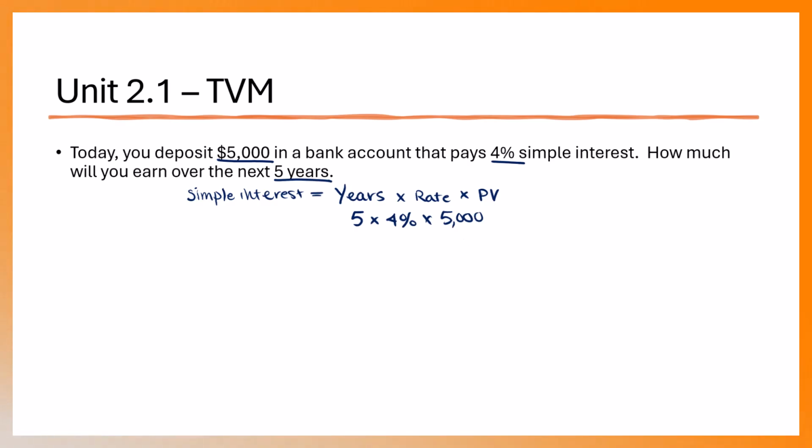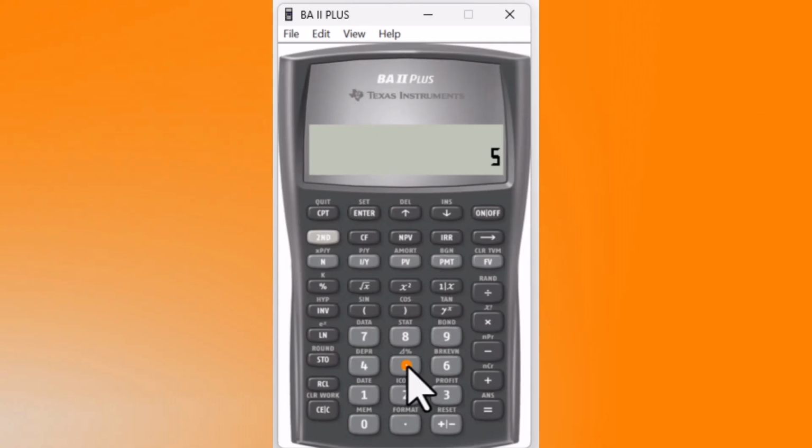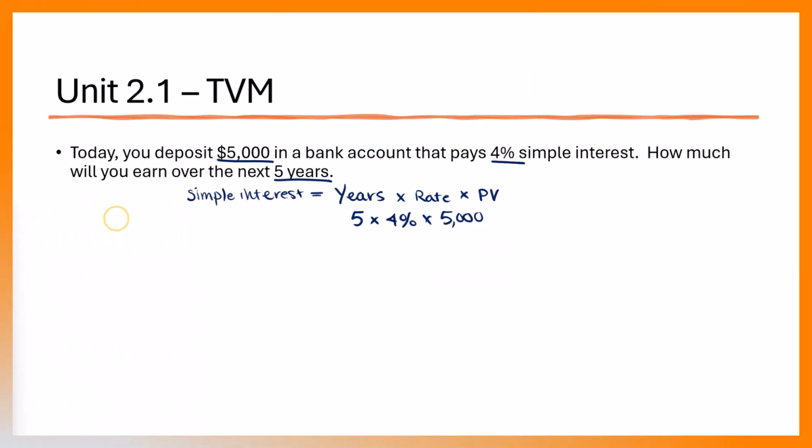We'll use our calculator here, and we will take 5 times 0.04 times the original $5,000. And you can see that in total, this particular account would earn $1,000 in total simple interest. That is the answer to question 1.